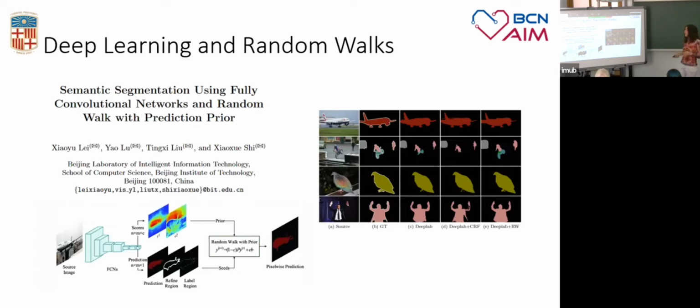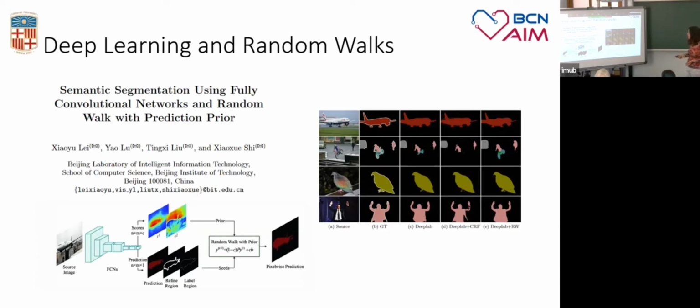Now, I found another category that is deep learning and random walks. You can see it's very similar to my work that I showed you before. You remember I did a probability map, and then I introduced it into the random walks formulation. So this work is more or less like what I did, but instead of getting the probability map using the Gaussian mixture model, the original image, the shape prior, and the confidence map, they use a deep learning method.